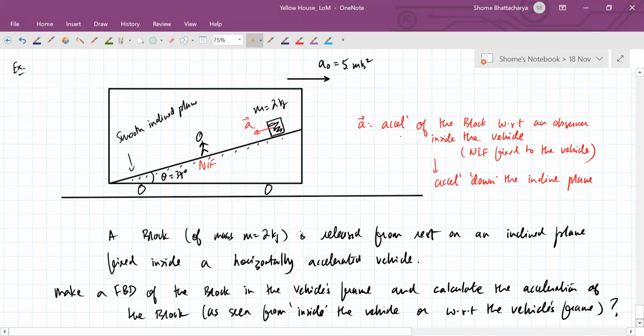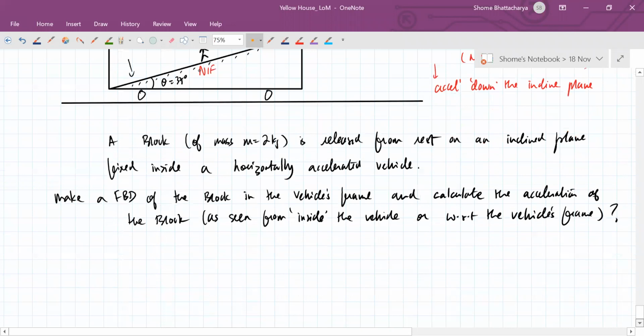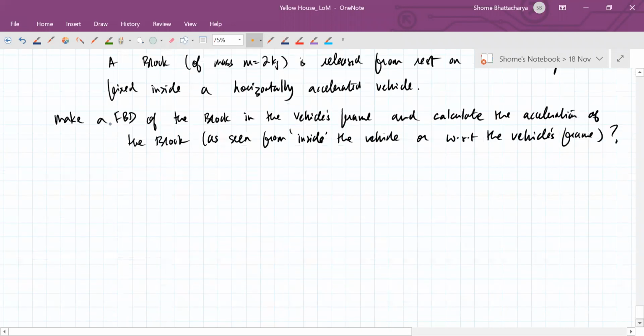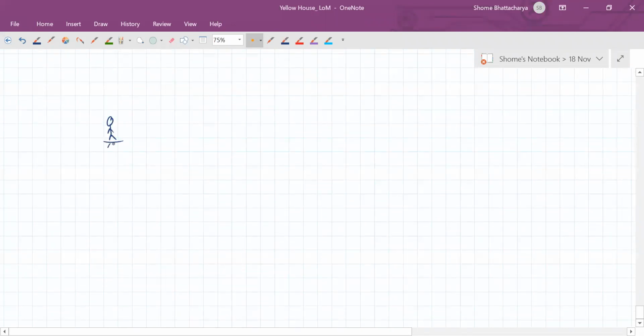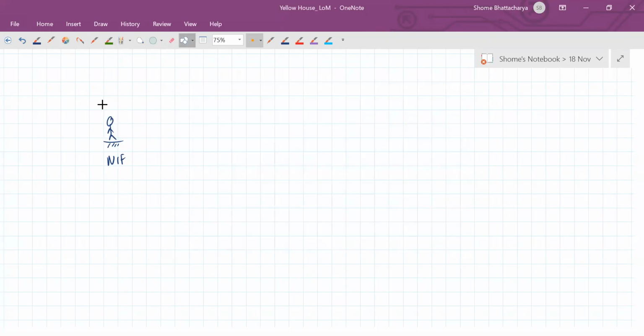Okay. So this is what we have to calculate, and now it becomes very easy because all we have to do is understand that we are in a non-inertial frame that is having a horizontal acceleration like this.